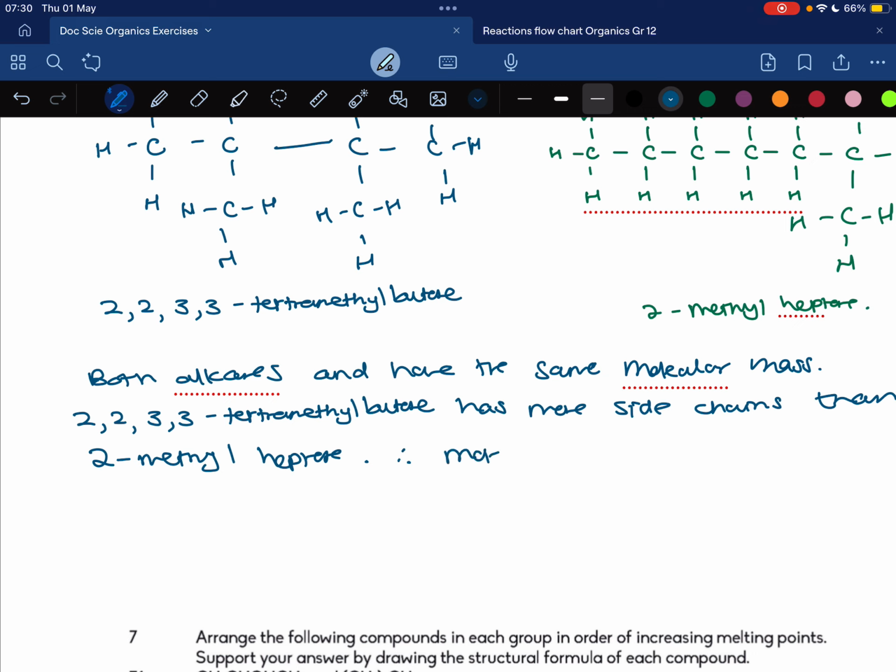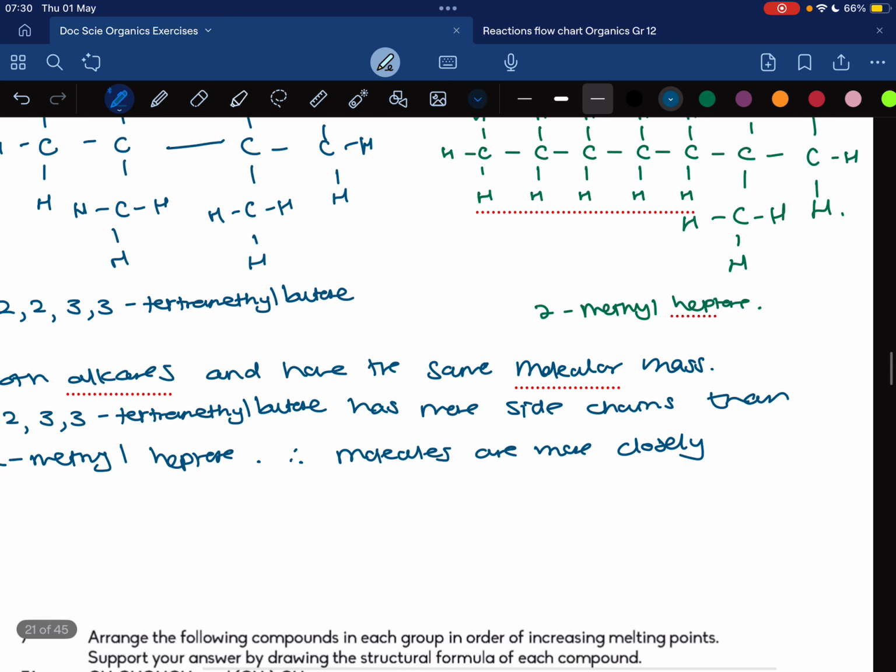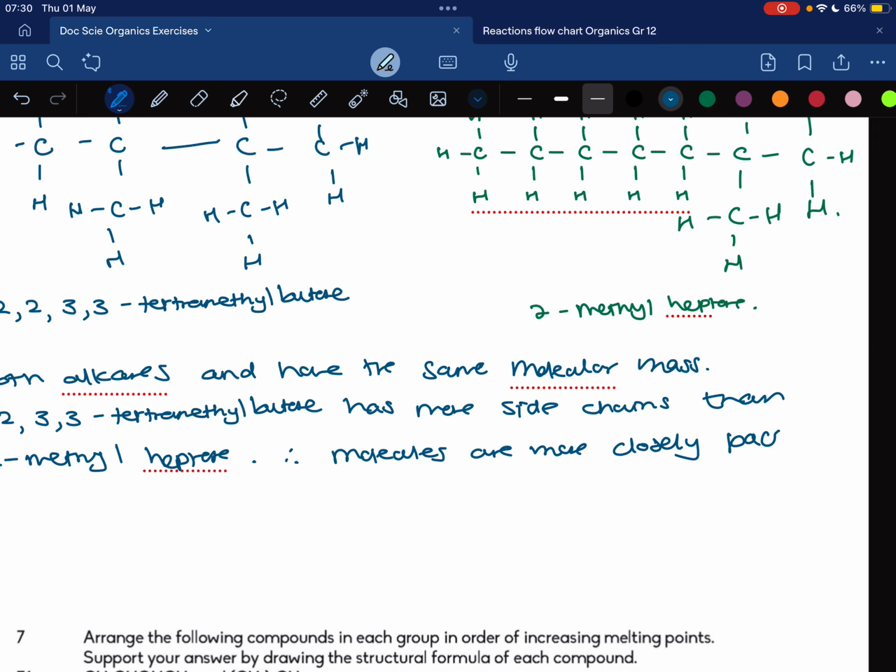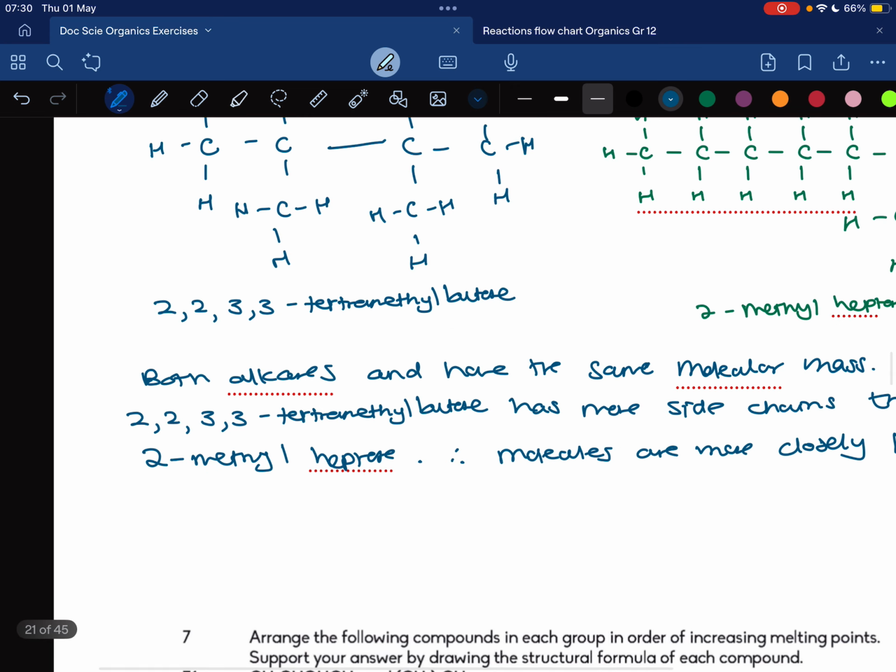Therefore, molecules are more closely packed, resulting in stronger forces and higher melting points.